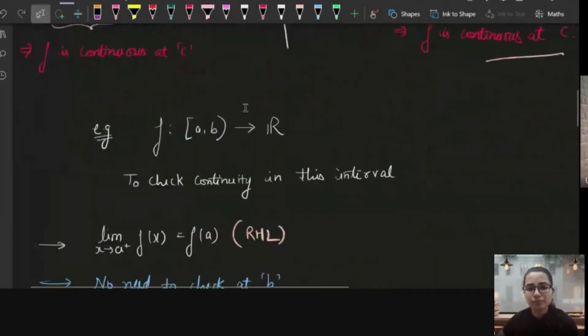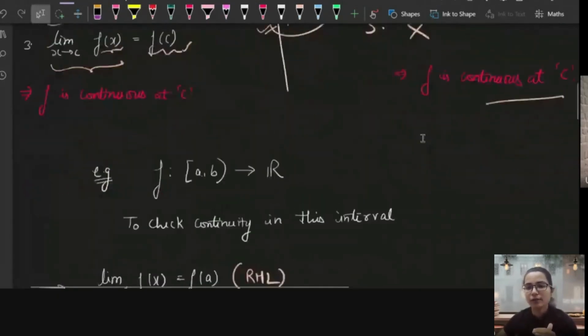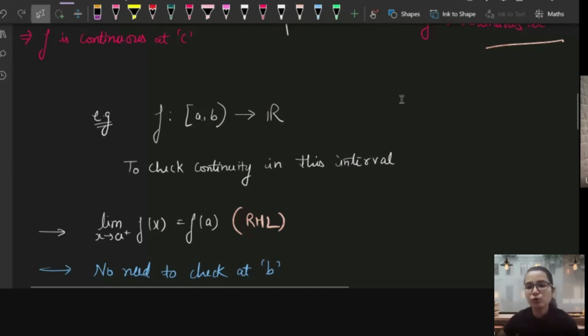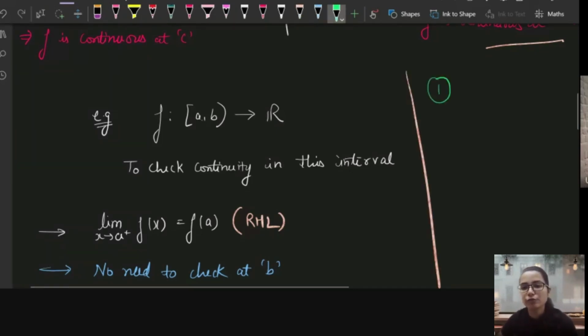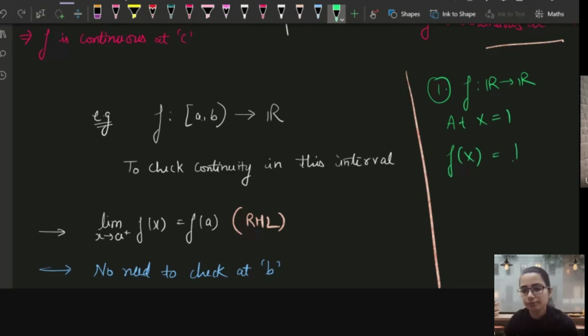So what I really want to talk about is, let me give you 2 different examples. On the right-hand side, I'm writing 2 different examples. In case 1, I can have any example from R to R, and someone asks you at x equal to 1, is this function continuous?